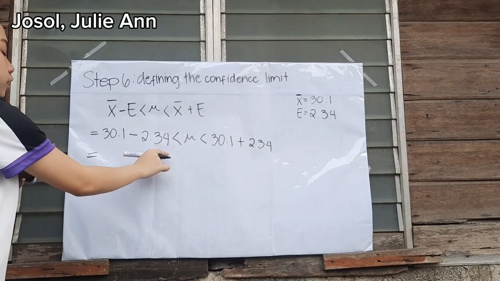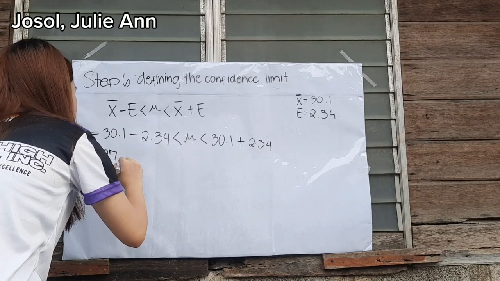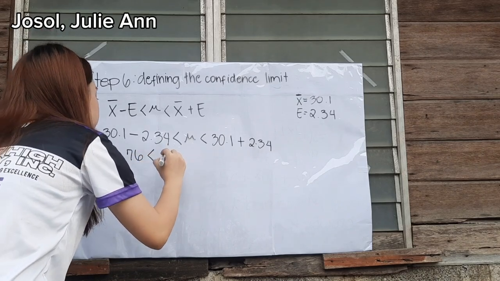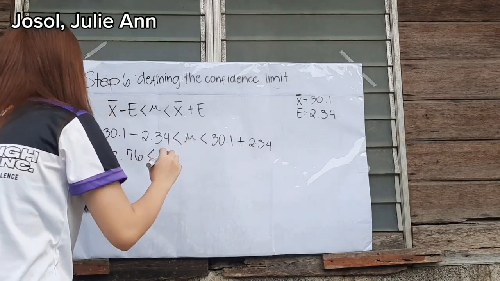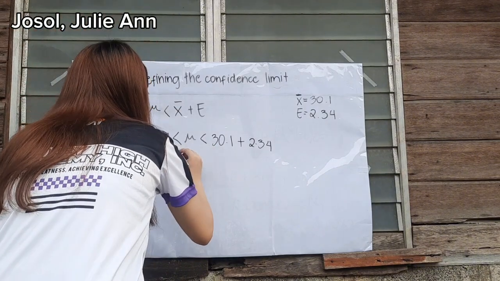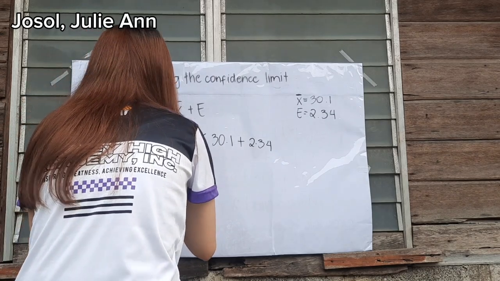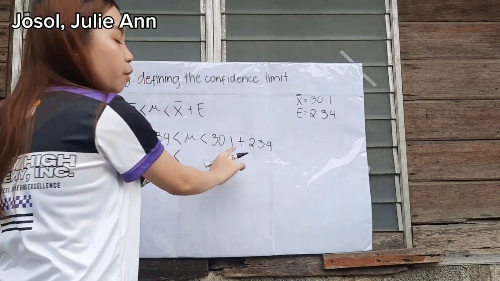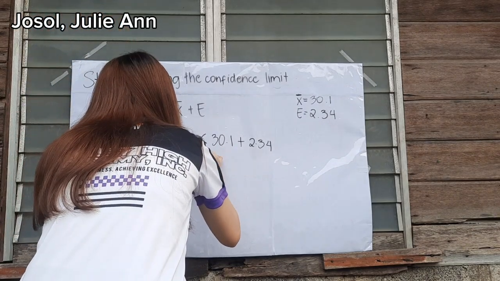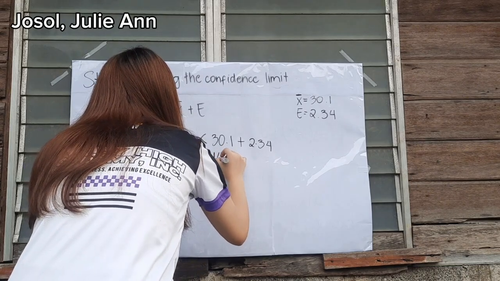30.1 minus 2.34 is 27.76, less than the population mean, less than 30.1 plus 2.34, which is 32.44.